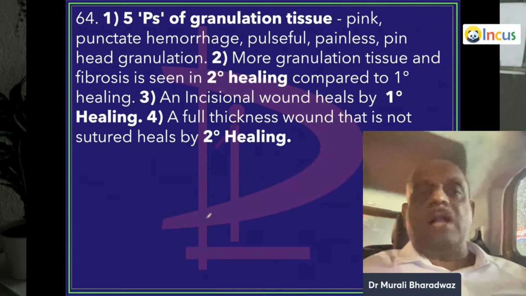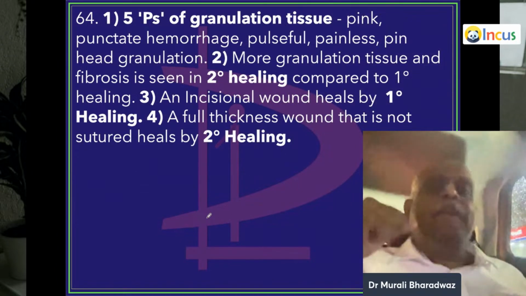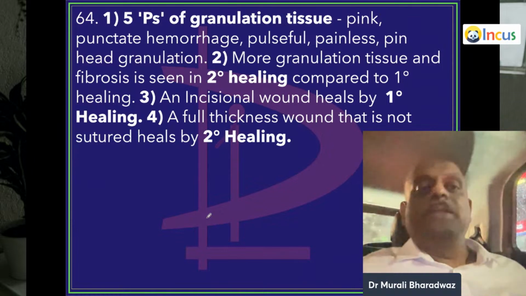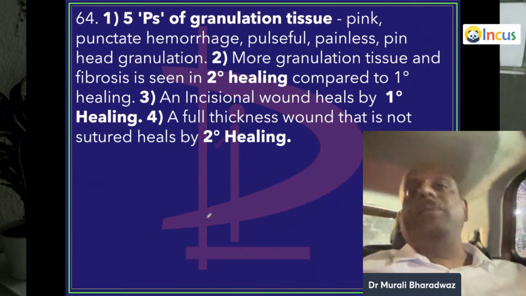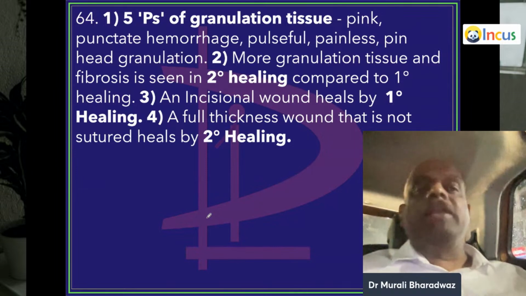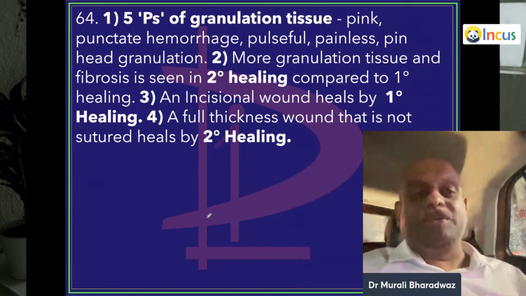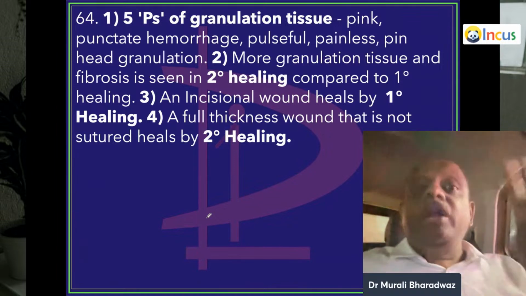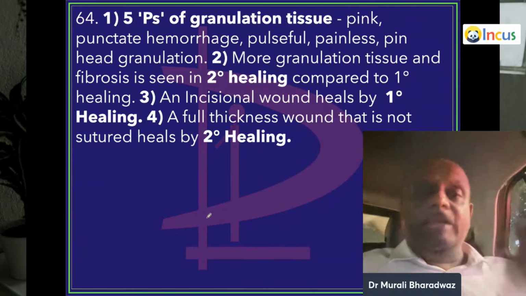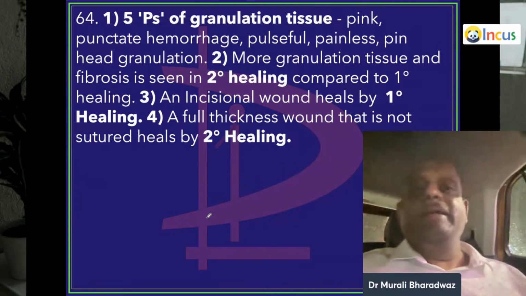Now, quickly tell me, doctor, the 5 P's of granulation tissue. Pink, punctate hemorrhage, pulseful, painless, pinhead granulation. About granulation tissue, you know there are two types of healing: healing by secondary intention and healing by primary intention.